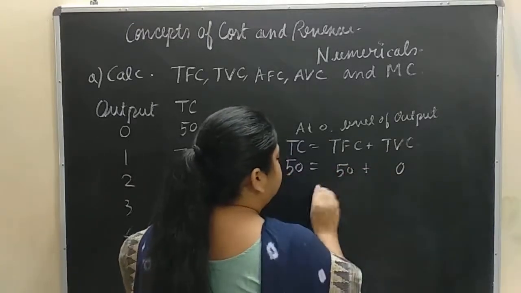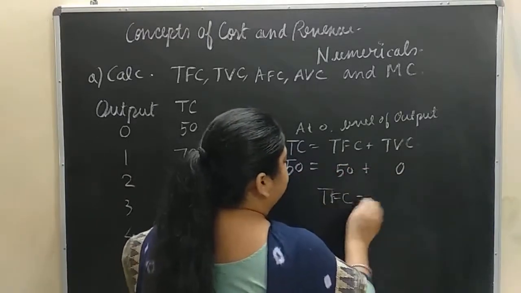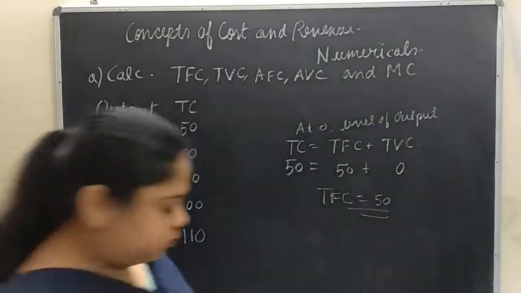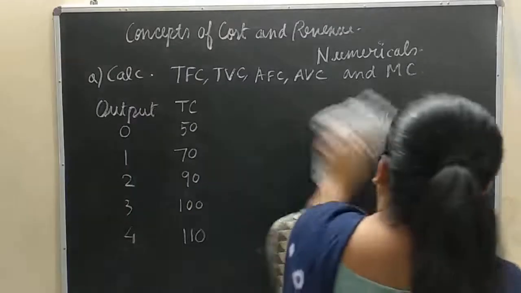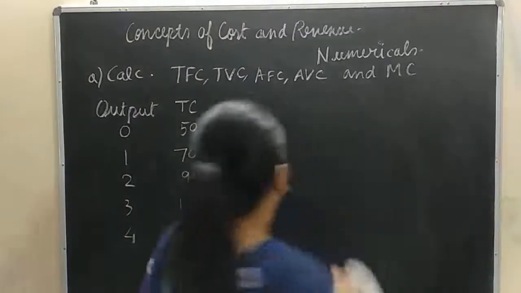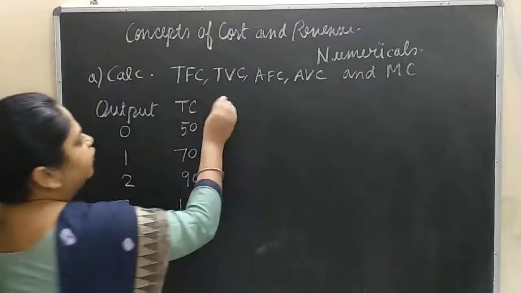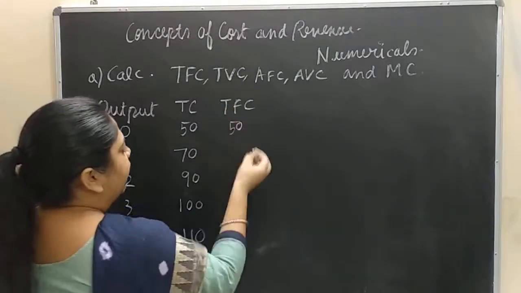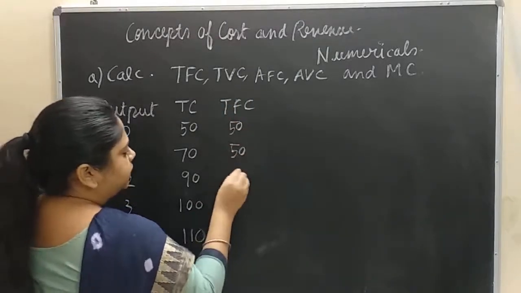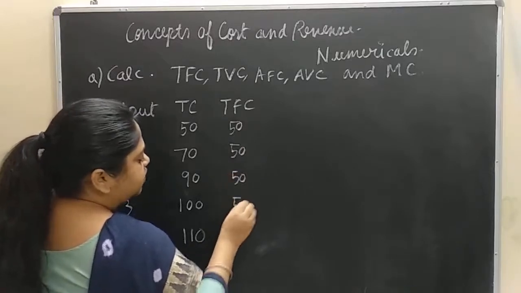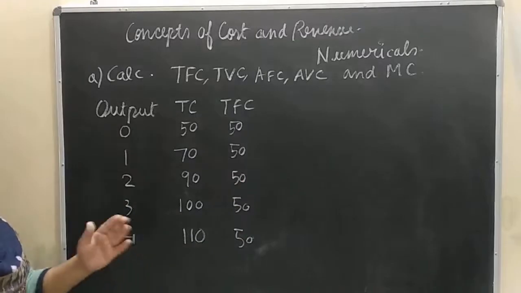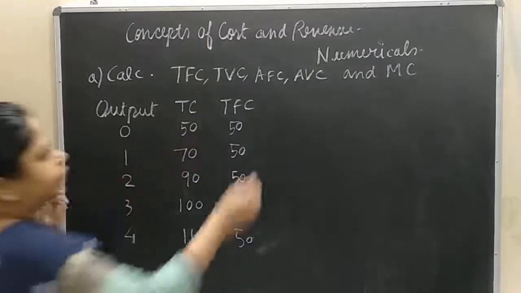So total fixed cost is equal to 50. Correct? Now we have seen how we are getting TFC. So TFC will become 50 and it remains the same throughout.